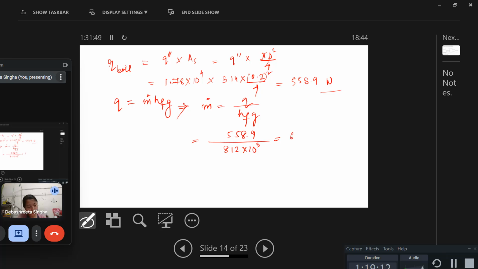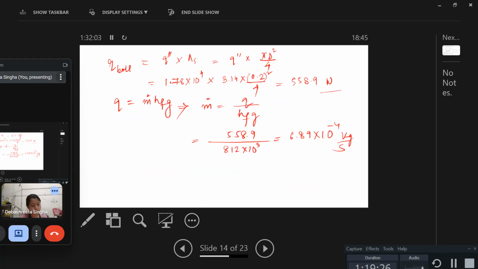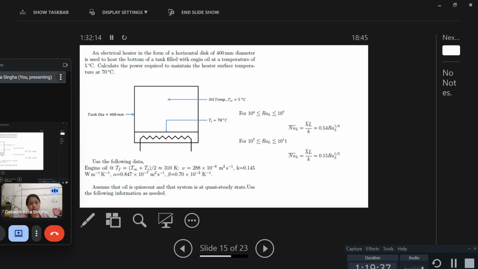This comes out to be around 6.89 into 10 to the power minus 4 kg by second. So this is the m dot. Okay, now we move to the next question.